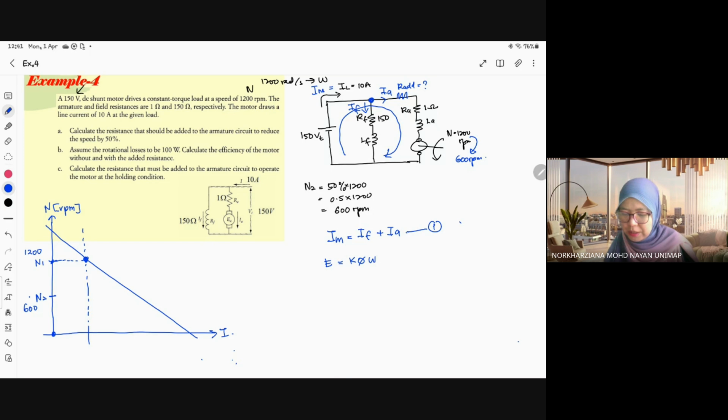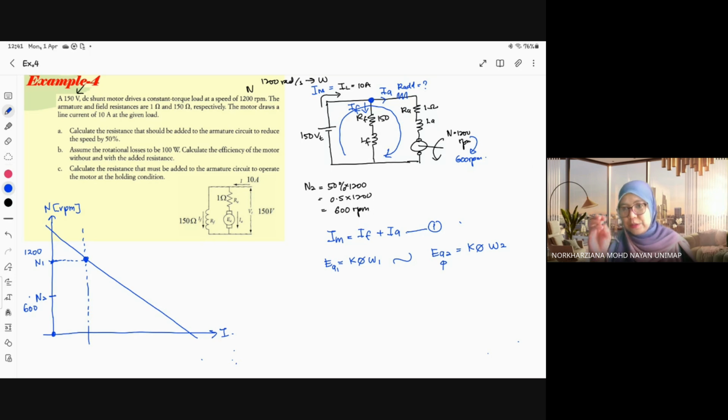When you have two different speeds, say speed 1 you have EA1, and speed 2 you have EA2.